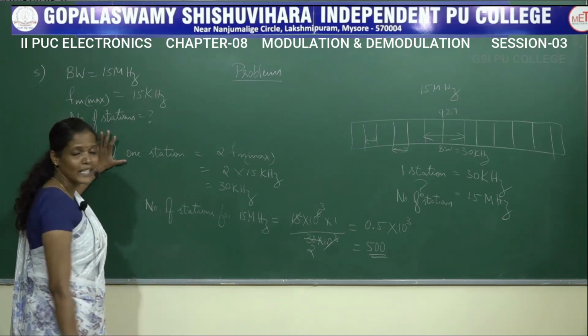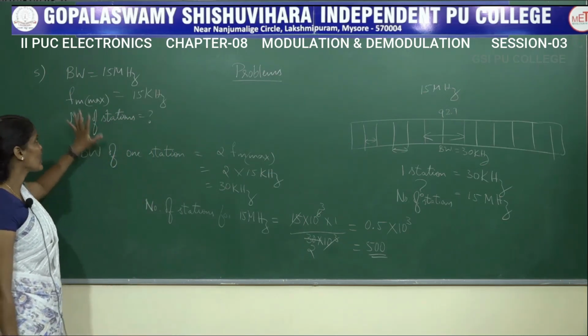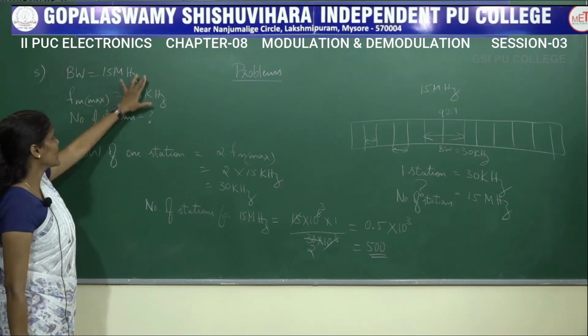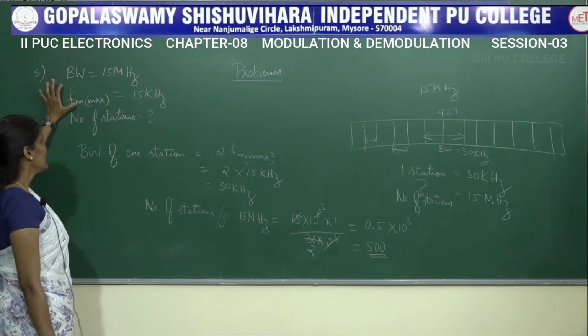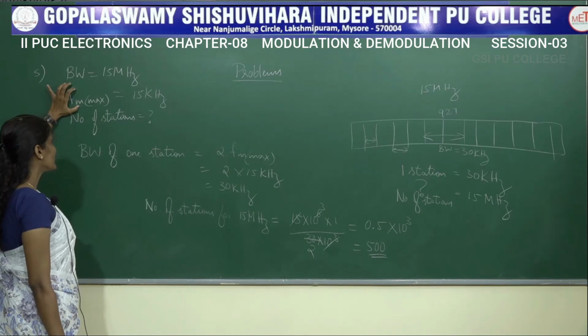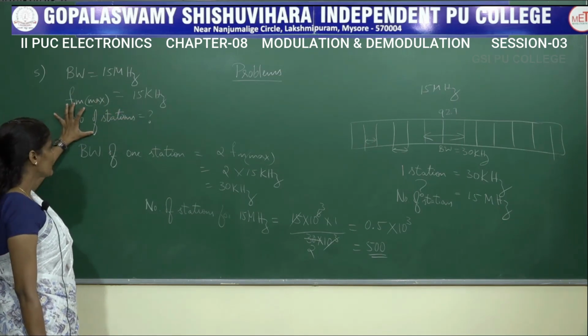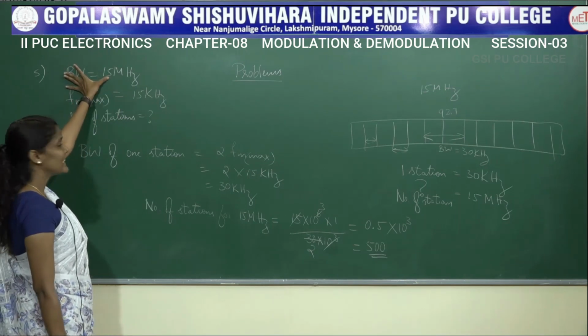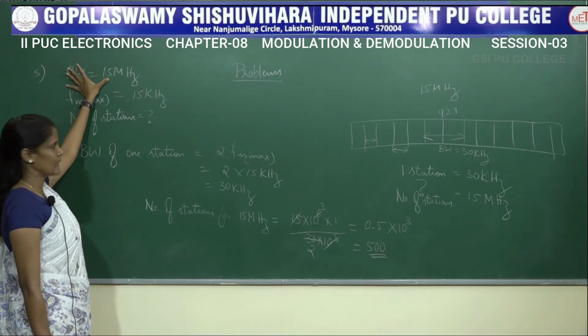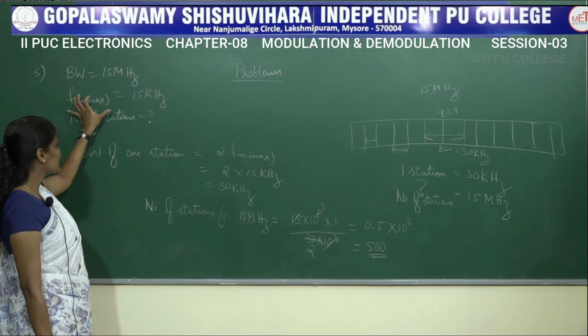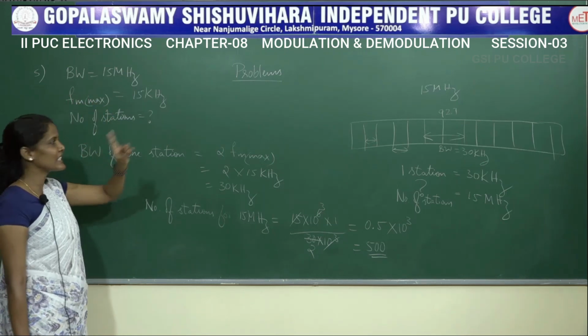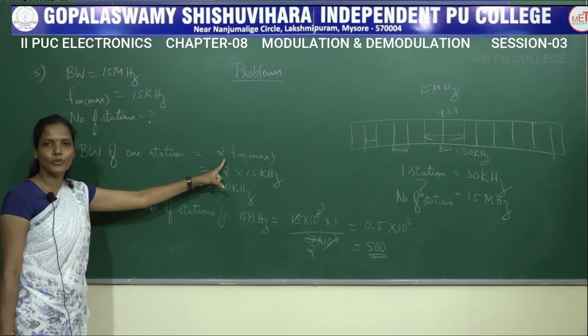So try to understand the problem correctly and then solve the problem. They have given a total bandwidth of 15 megahertz and the maximum frequency of a modulating signal is 15 kilohertz. How many number of stations can be accommodated in this particular bandwidth, they asked. Let us calculate first the bandwidth of one single station using this formula 2FM.